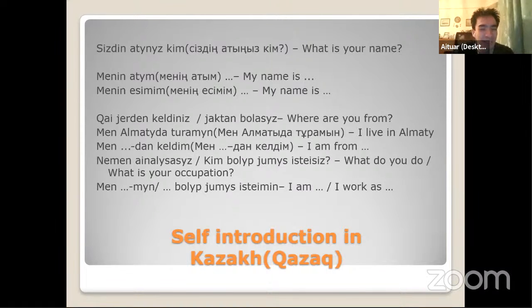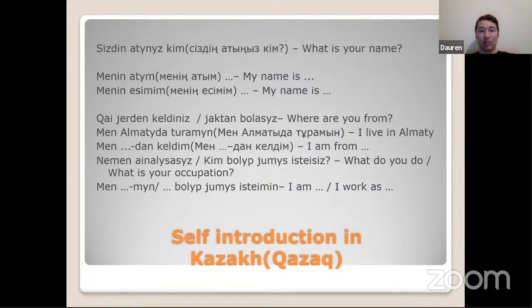If I'm not mistaken, vowel is гласная. So if we use soft vowels, it will be like день, тен. And if we use hard vowels in the middle of the words, it will be дан. I just wanted to say I'm from Russia, and Russia in Kazakh is Ресей, and it will be мен Ресейден келдім. So that's why I'm talking about these vowels.